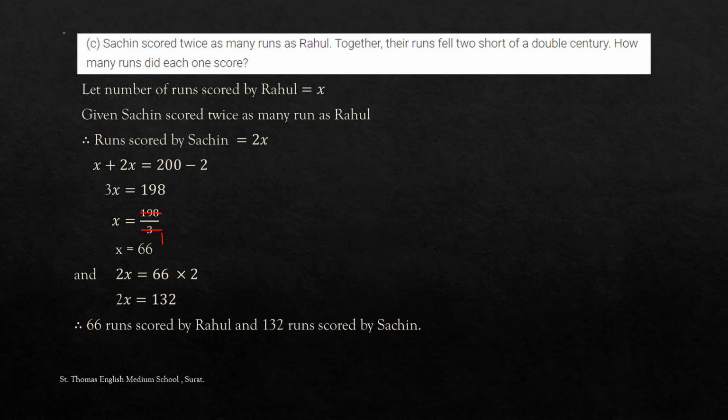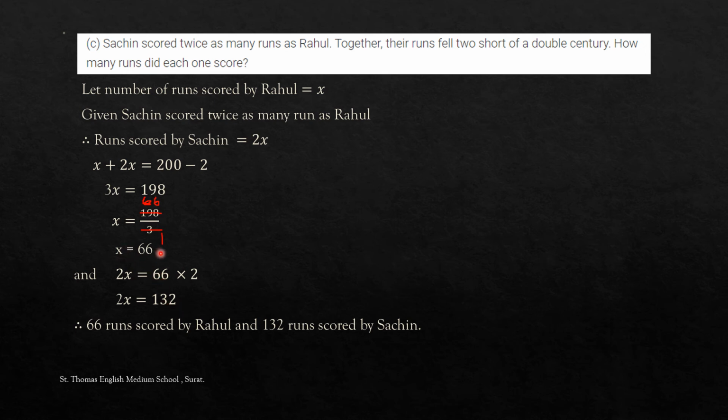Now here 6 3s are 18. Again 1 is carried. Again 6 3s are 18. Clear? So what is the value of x? x is equal to 66. Now we have to find 2x. 2x is equal to 2 multiplied by the x value, which is 66. So 2 multiplied by 66, 66 2s are 132. Is it clear, children?